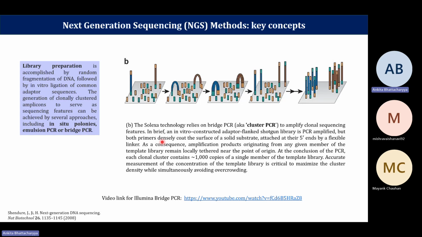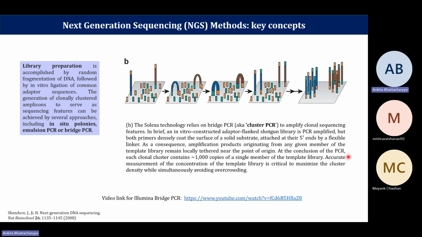As a consequence, amplification products originating from any given member of the template library will stay locally tethered very close to the surface. Once PCR is complete, each cluster will contain around 1,000 copies of each member of the template library. So imagine how much amplification has occurred because of this strategy.